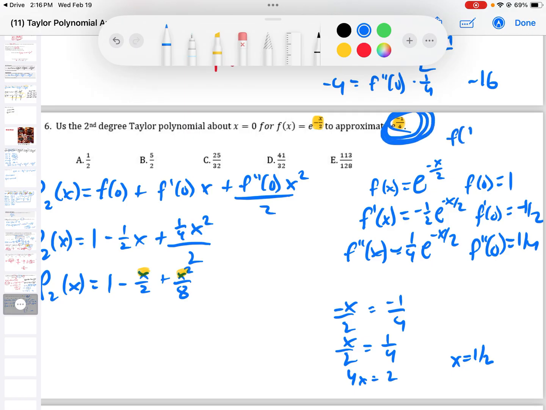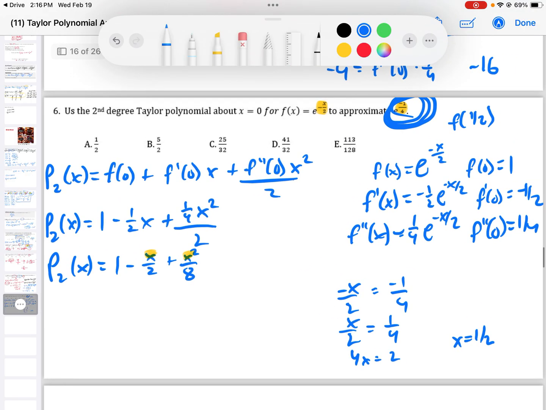So what this is really saying is approximate f of 1/2. Actually, I'm going to write it like this.